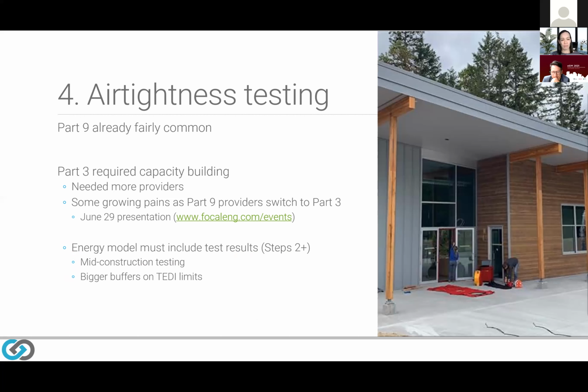And also on our projects, at least, we're promoting bigger buffers on TEDI limits. I talk a lot about TEDI because it's the hardest limit to achieve. And so that one, you really don't want to be getting pushed over the limit right at the final post-construction stage, obviously. So we tend to push our project teams to go in with bigger buffers so that we're more likely to comply once the air tightness result comes back.